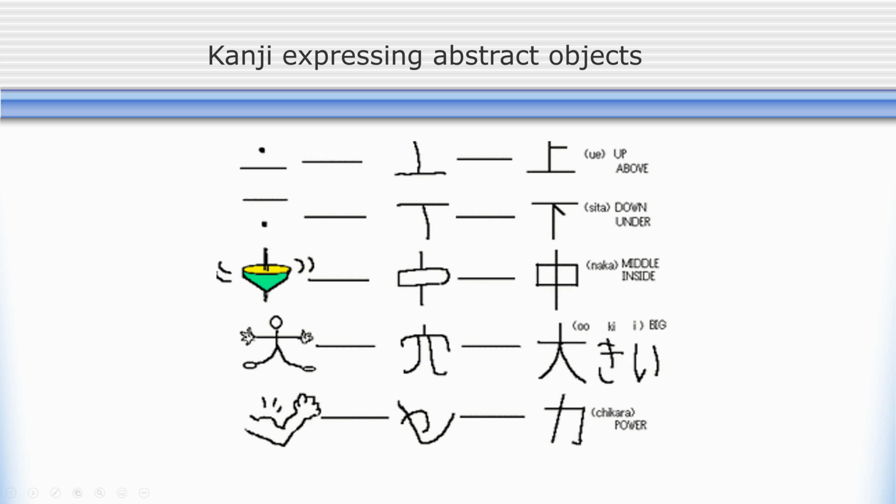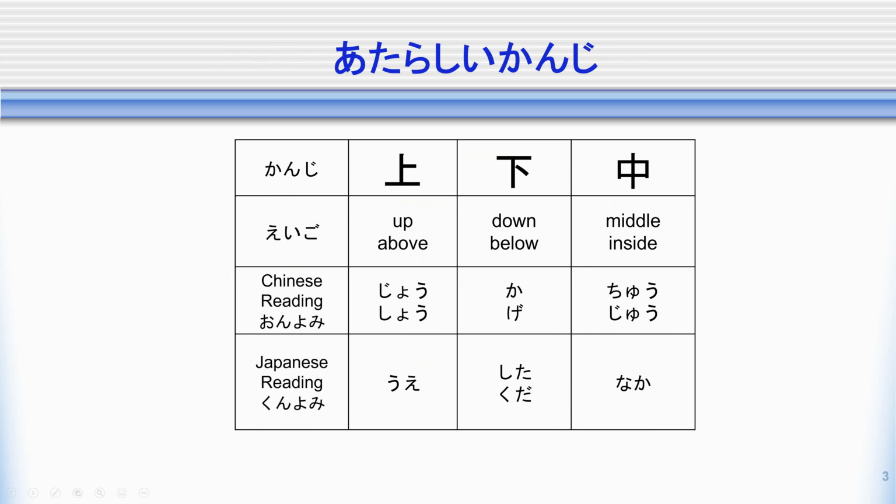Our first set of kanji for today, we are going to look at ue, shita, and naka. So once again, these are kanji relating to our location words that we studied back in chapter 4. So up, ue, down, shita, and in the middle or inside, naka.